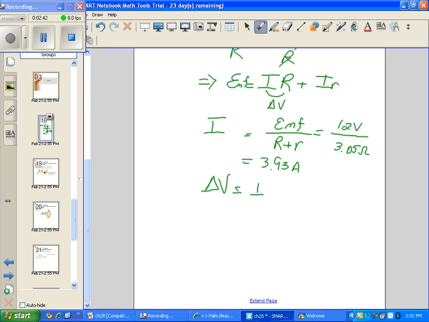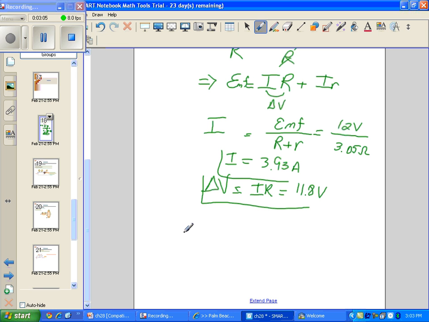Delta V equals IR. We have our I, 3.93 amps. We have our R, 3 ohms. And my calculator gives me a voltage of 11.2 volts as our terminal voltage.